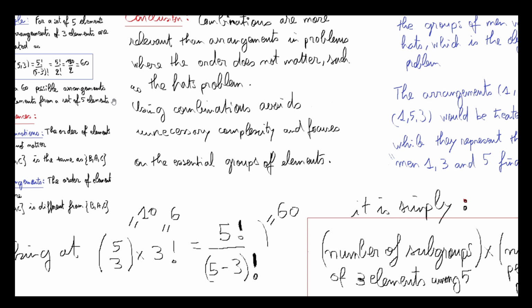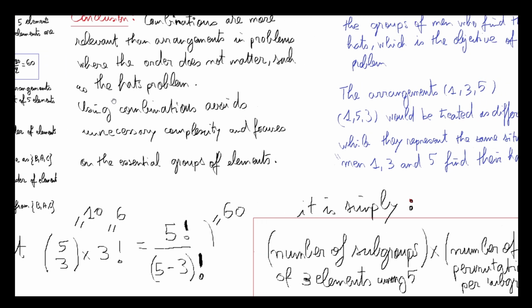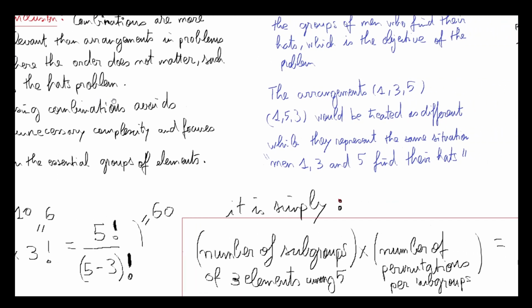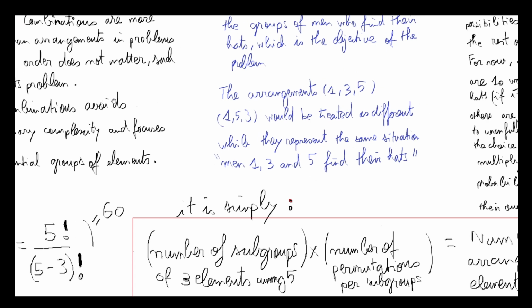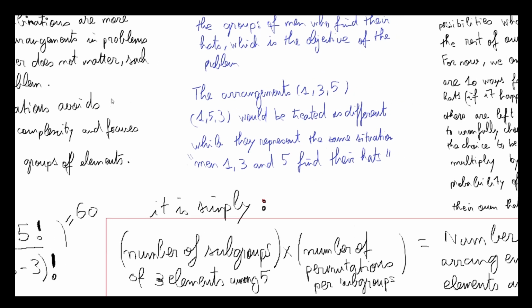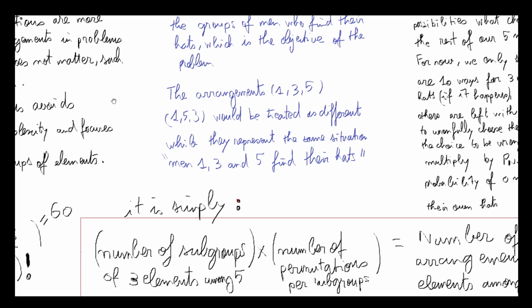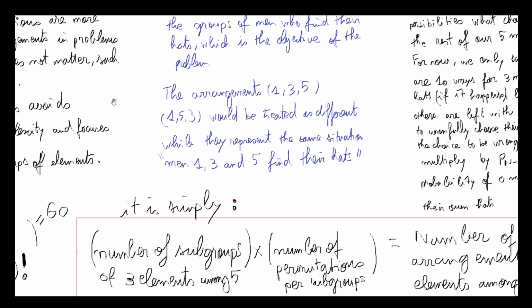So, to understand this formula, k choose n is simply the number of subgroups of 3 elements among 5, the number of subgroups of 3 men we can create among 5 men, times the number of permutations per subgroup, the number of ways you can rearrange your group of 3 men.